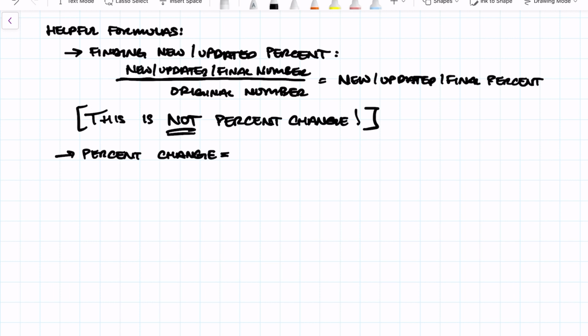The percent change is going to be equal to the new, updated, or final percent. And remember, this is the percent you just found, right? So this will be like a second step if you need to cover this, assuming they don't give you the percents, minus the original, or simply put, the original is always going to be 100%.